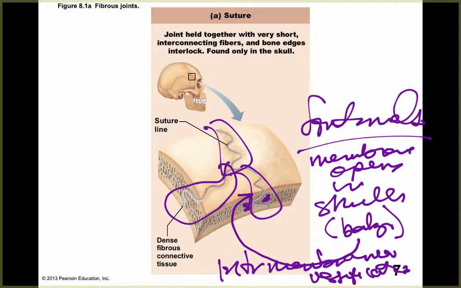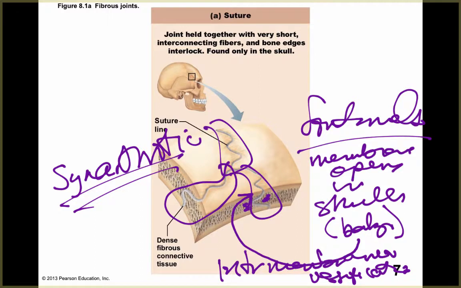And so what kind of movement do we find here in this type of suture? Hopefully you put synarthrotic, right? There's no movement here. How about for the last one?